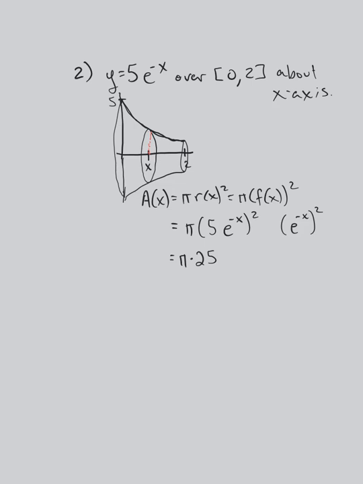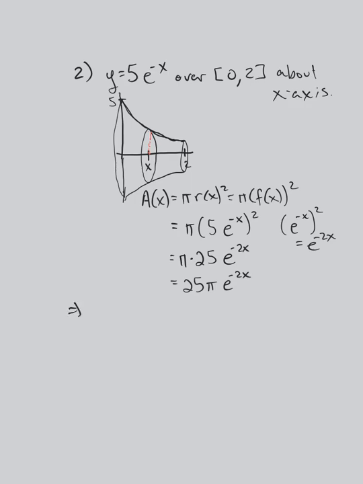But we have an exponent raised to an exponent, and so we multiply exponents there. And so this is actually equal to e to the negative 2x. Okay, and there's our cross-sectional area. We usually write the number out front. You don't have to. I mean, pi is a number, but you know what I mean. All right, so there's our cross-sectional area.